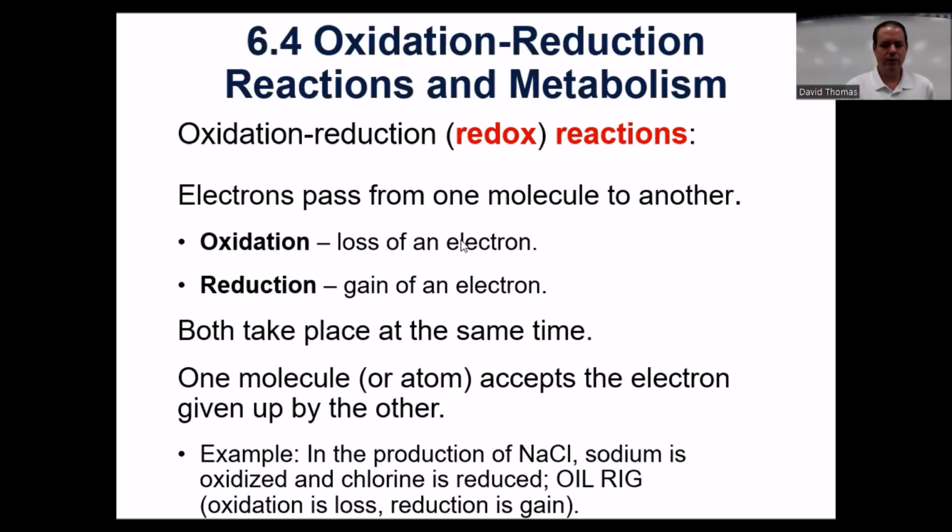If you lose an electron, that molecule becomes oxidized. Reduction is gaining an electron. So in redox reactions, you're passing electrons from one molecule to another. We'll see that when we talk about cell respiration and photosynthesis.